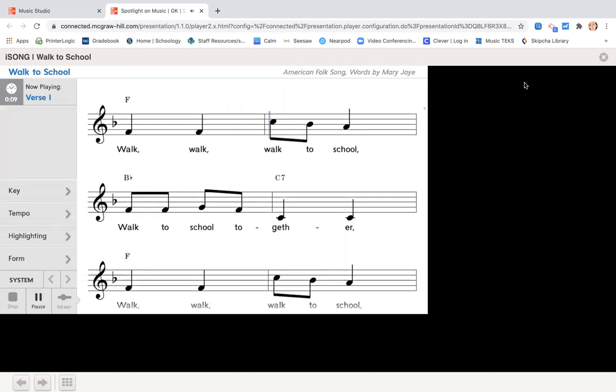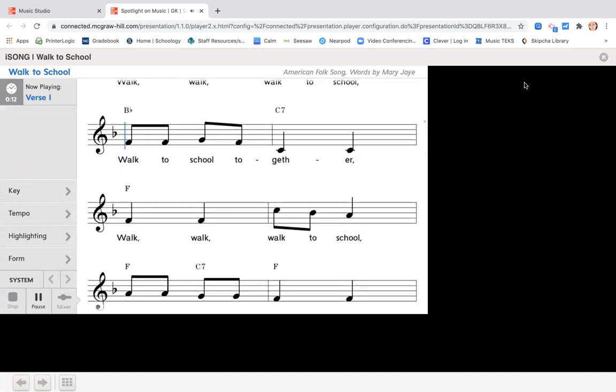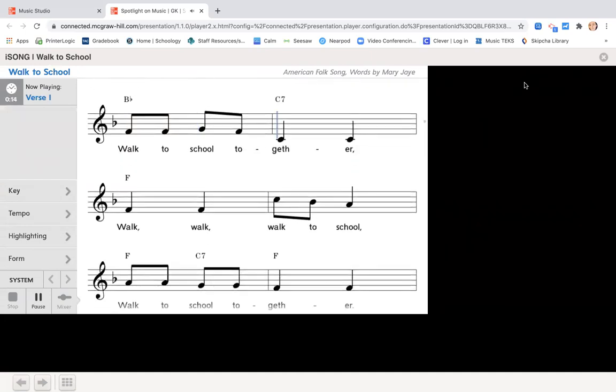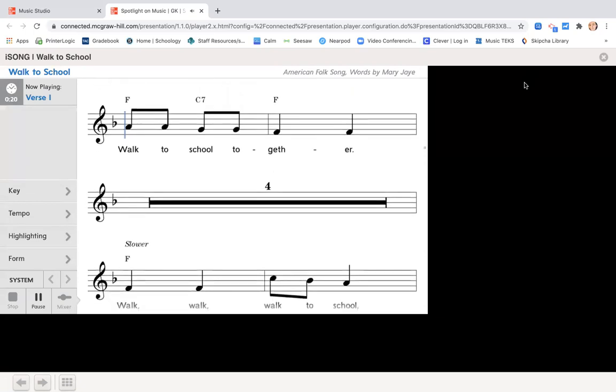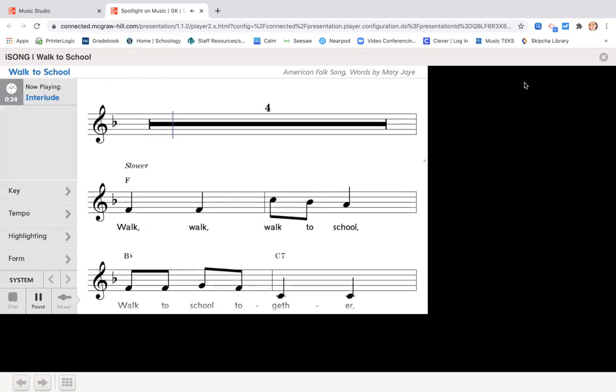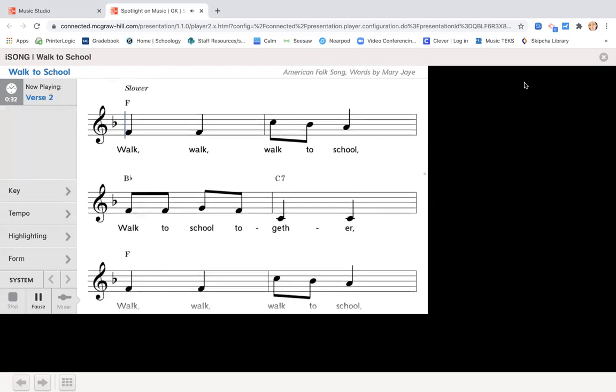Walk, walk, walk to school. Walk to school together. Walk, walk, walk to school. Walk to school together. Walk, walk, walk to school.